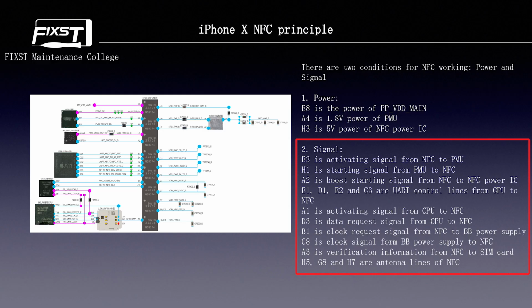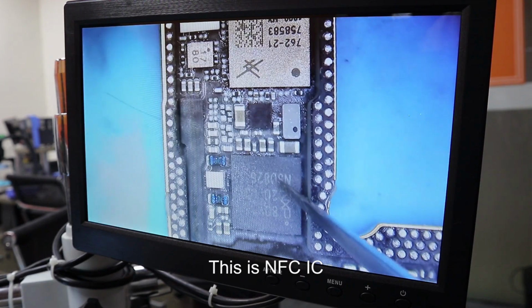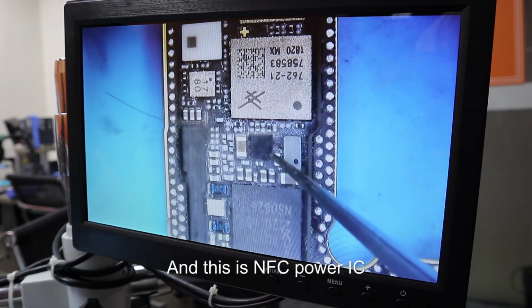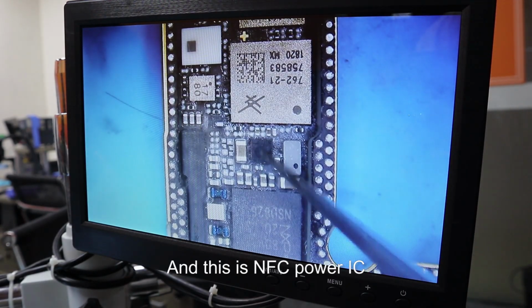C8 is clock signal from BB power supply to NFC. A3 is verification information from NFC to SIM card. H5, GA, and H7 are antenna lines of NFC. This is NFC IC, and this is NFC power IC.